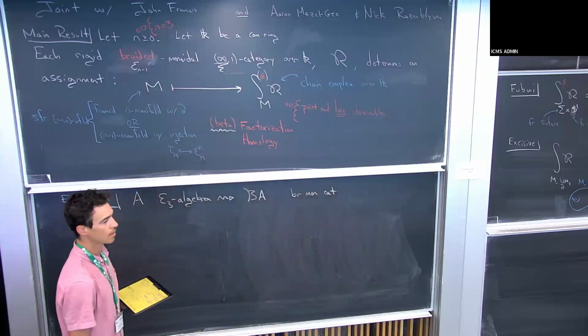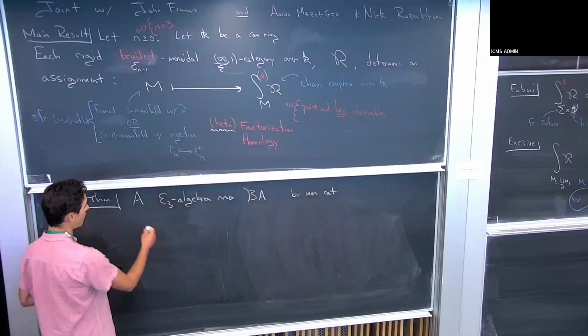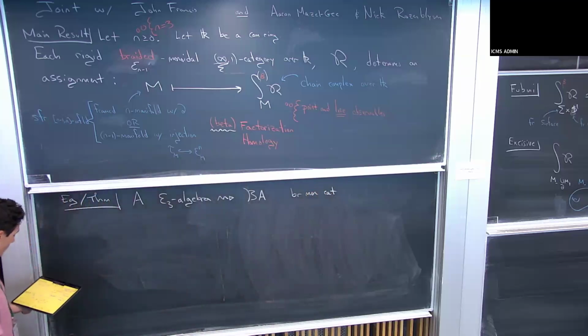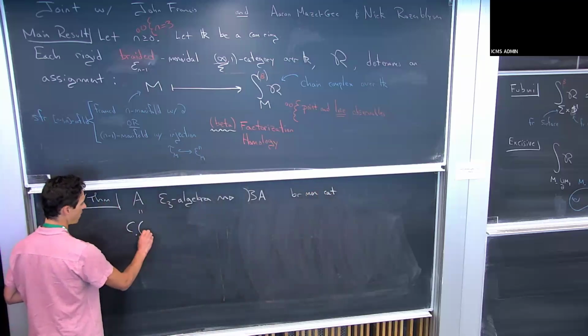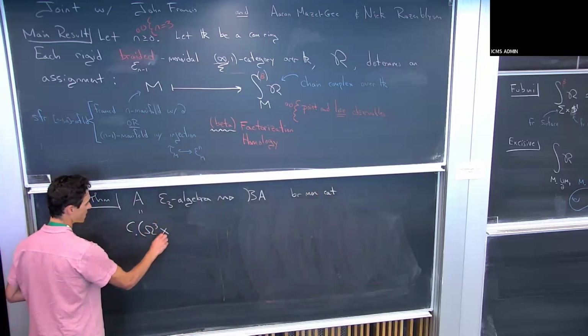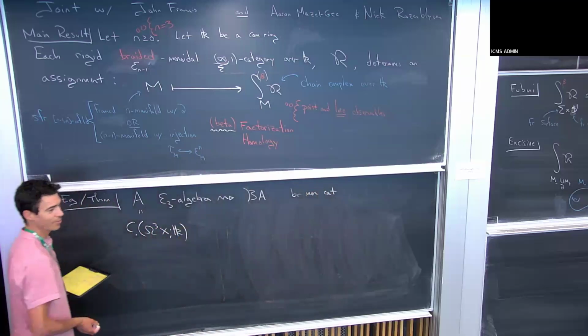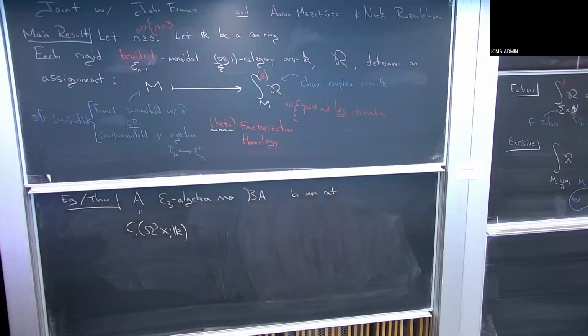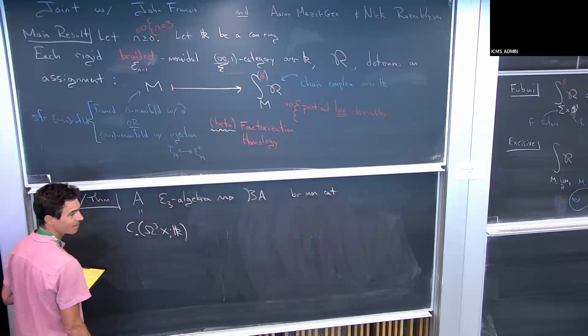Sorry, what would be your favorite choice for the algebra? Well, actually, there was one I was going to mention. We could take it to be chains on the threefold loop space of a pointed space. I was going to mention that one in a second anyway. Were you looking for something else, maybe? Yeah.